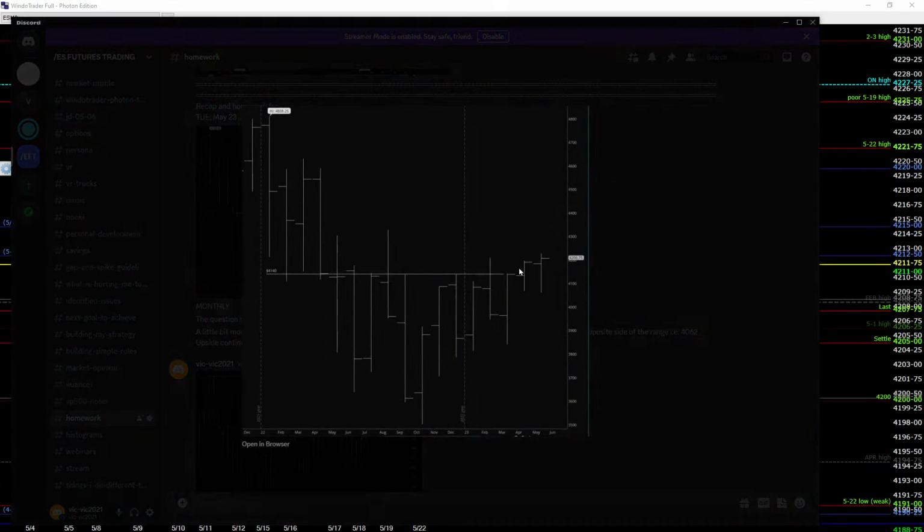Now, the monthly, we still have this 2-month range here. We still have about 7 natural days, a little bit more than a week of business trading days.